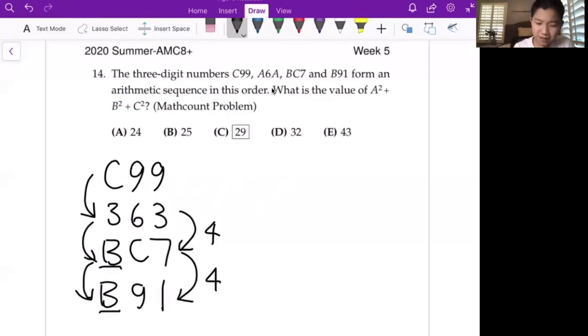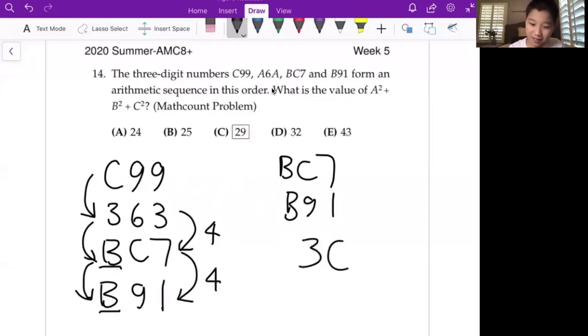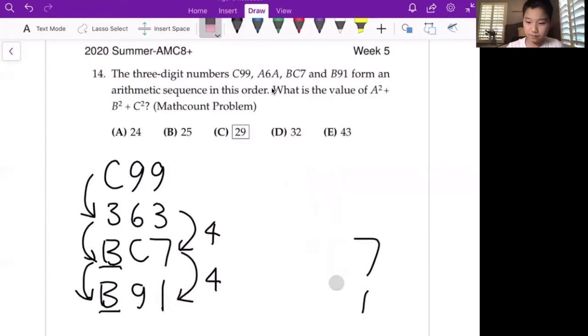So what that means is BC7 and B91, they have the same hundreds digit, right? So they have to be less than 100 apart. You can't have like 3C7 and 391 be more than 100 apart. So that might give us a clue of what to choose.